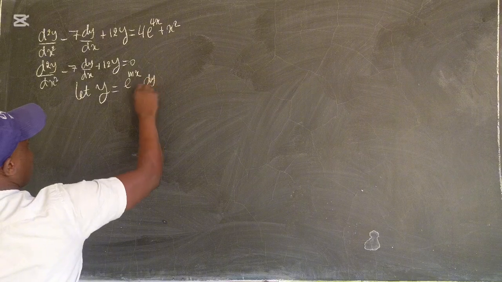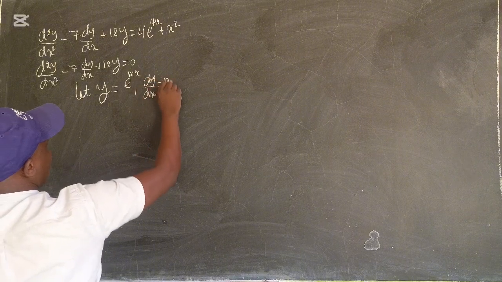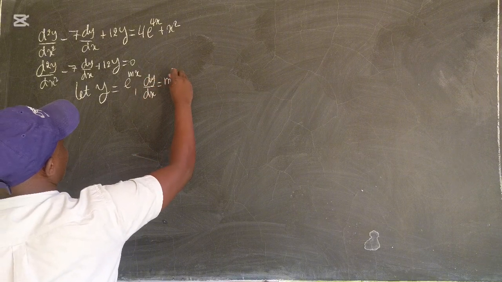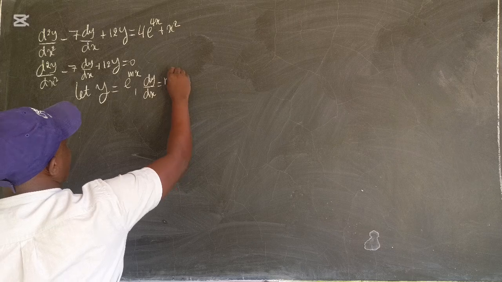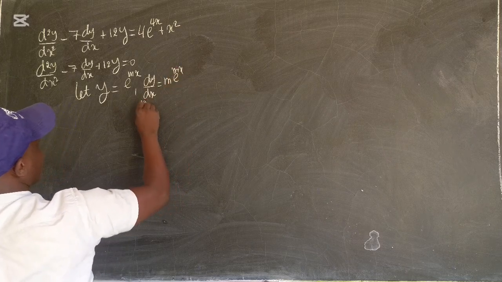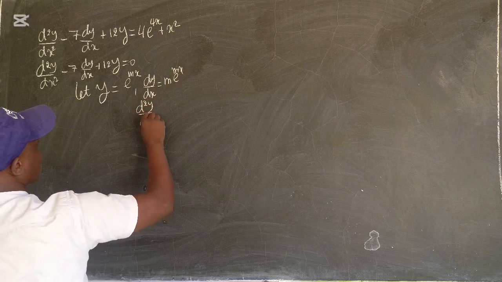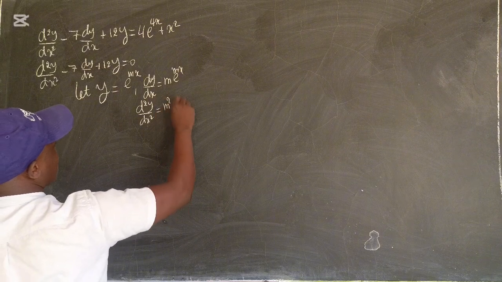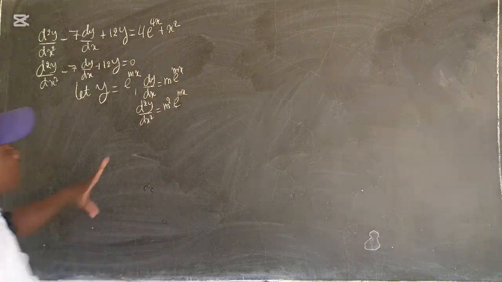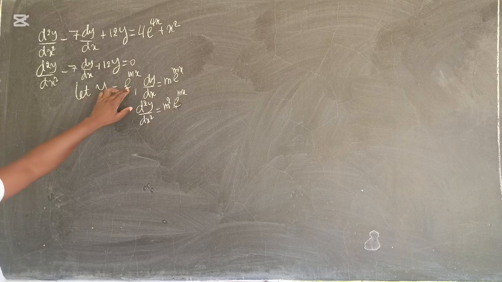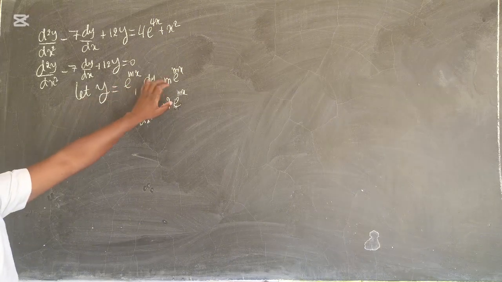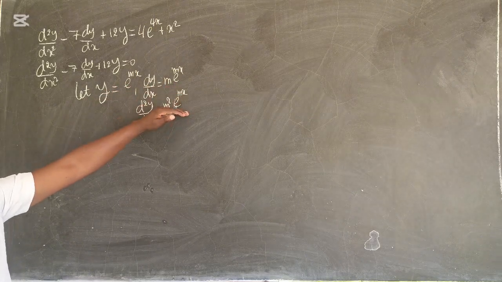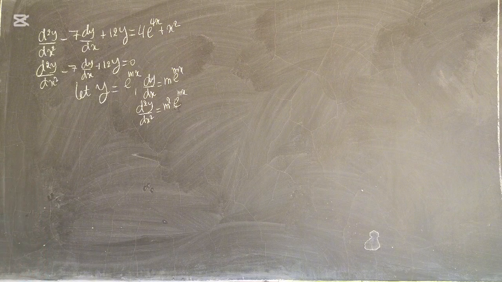So dy/dx is equal to m exponential of mx. The second derivative of y with respect to x is m square exponential of mx. We are going to replace y by this, the first derivative by this, and the second derivative by this.